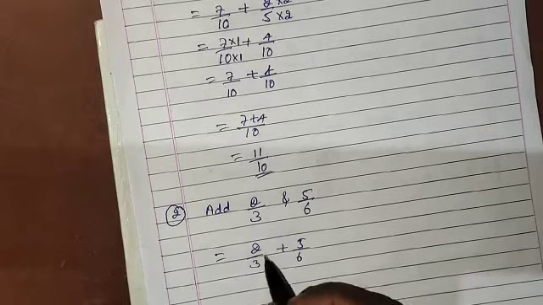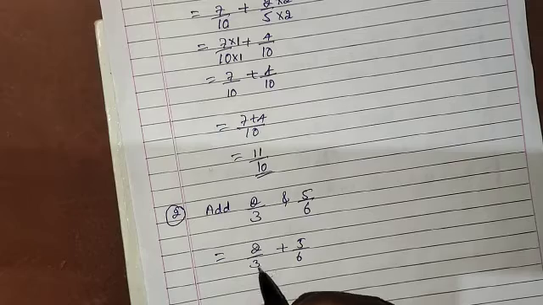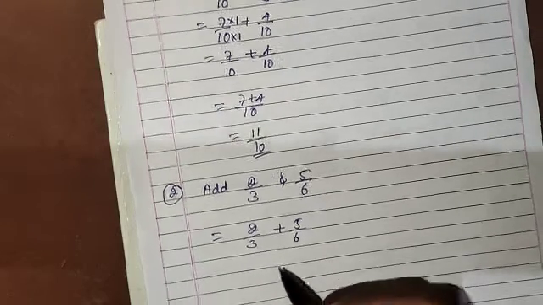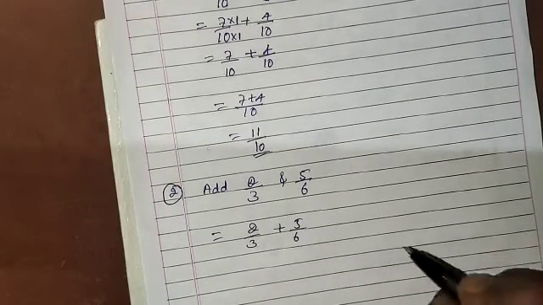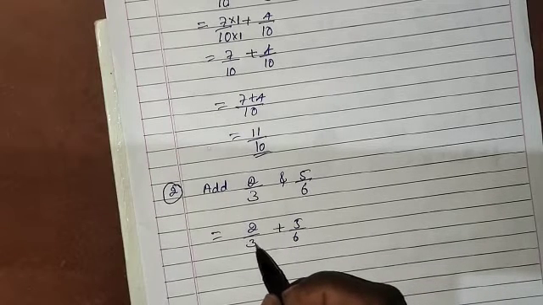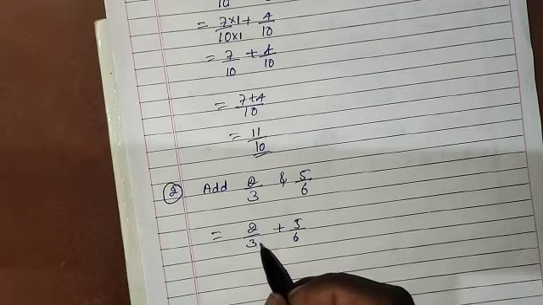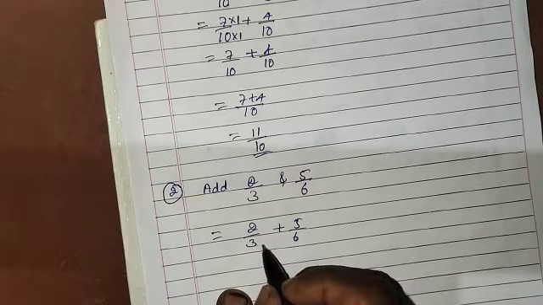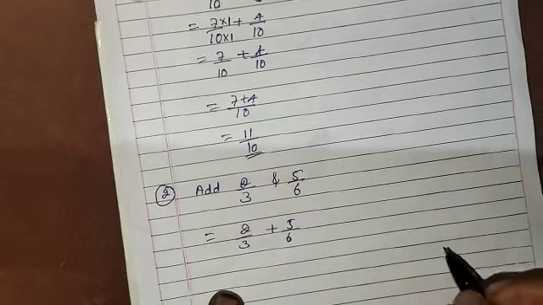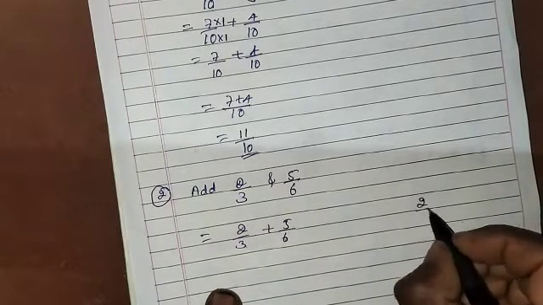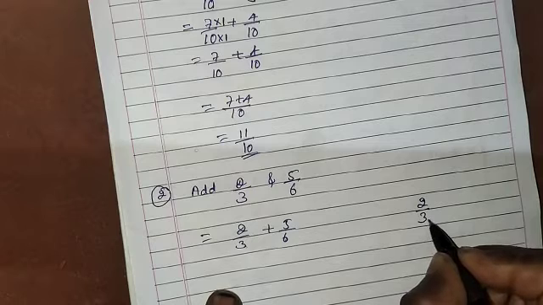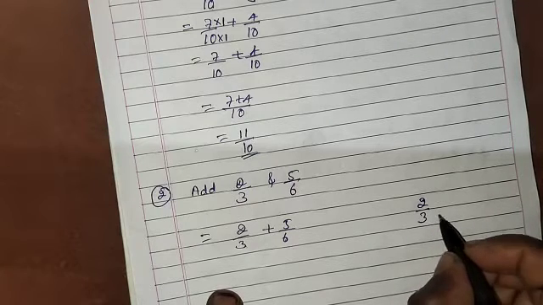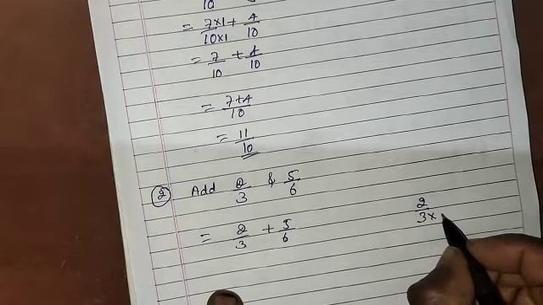Here we have 6 and here we have 3, so we need to convert this fraction to a fraction with denominator 6. We multiply this fraction by one number so that the denominator becomes 6. Which number? Here we have 2 by 3, and we need the denominator 6, so we multiply by 2. 3 2s are 6.